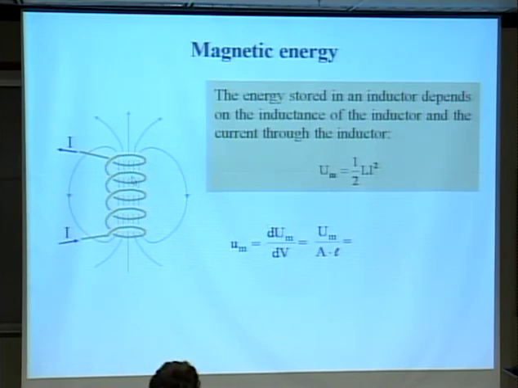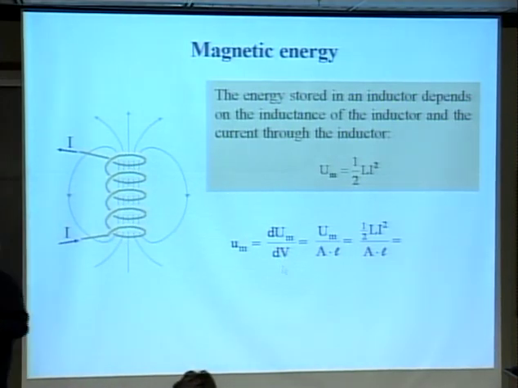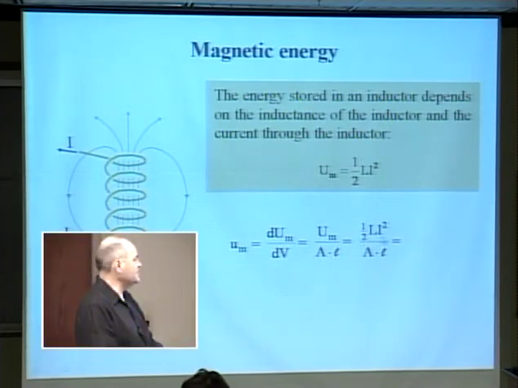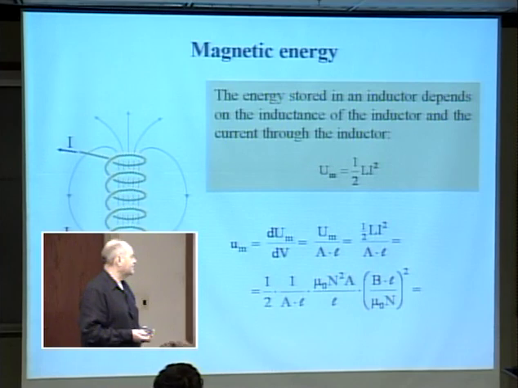Now, since the magnetic field inside is uniform, rather than having a differential relationship, I can just divide the total energy associated with the magnetic field in the coil by the volume of that magnetic field. The magnetic field is approximately only inside of that solenoid. So I took this expression and plugged it in here, and now I want to relate it to the magnetic field.